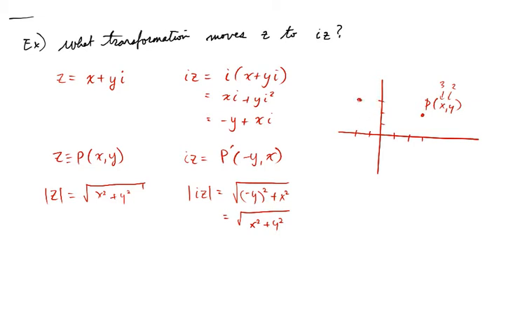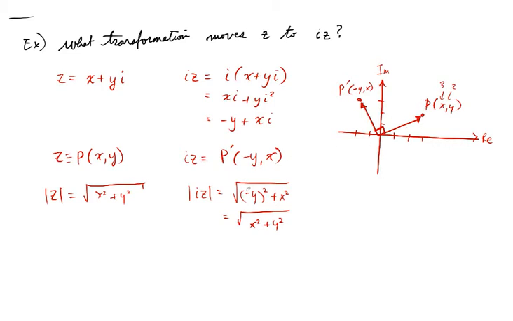So that would be P prime, (-y, x). If we draw a vector here, and this has to be drawn somewhat to scale to really observe what's happening, we have these two vectors, and you will see that this is very close to a right angle. And that is really what's happening.